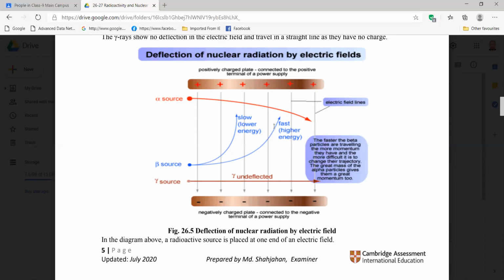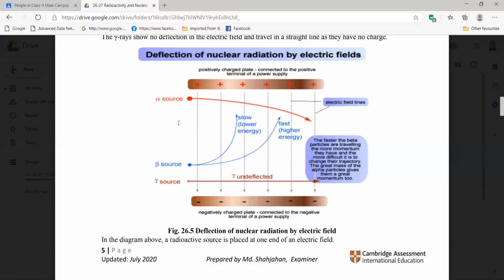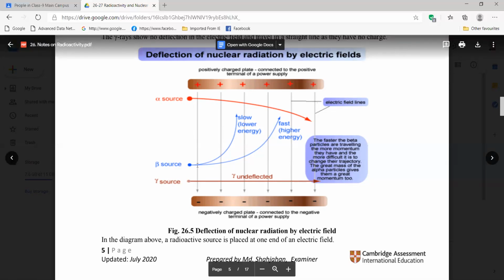Okay. So there is another thing we have to compare: the curve of alpha particles and beta particles. We know that alpha particles are heavier, and beta particles are lighter.